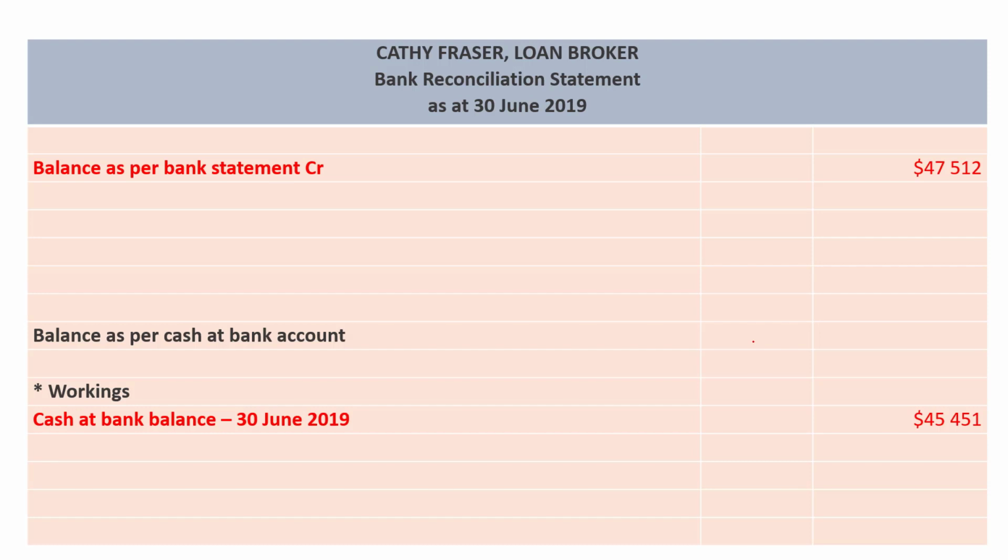First, we need to prepare the bank reconciliation statement. Start with the title, the title of the business or individual, Katie Fraser, loan broker. And then the document is bank reconciliation statement as at 30th June 2019. So we start with balance as per bank statement, credit.